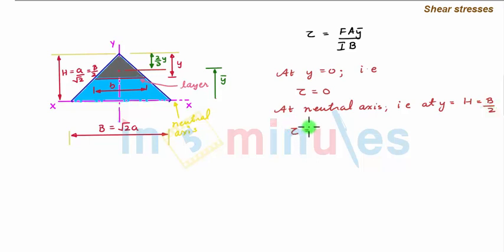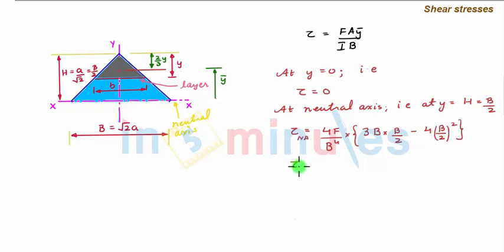your shear stress comes out to be 4f upon b to the power 4 multiplied by 3b into y, which is b by 2, minus 4y square, so b by 2 square.